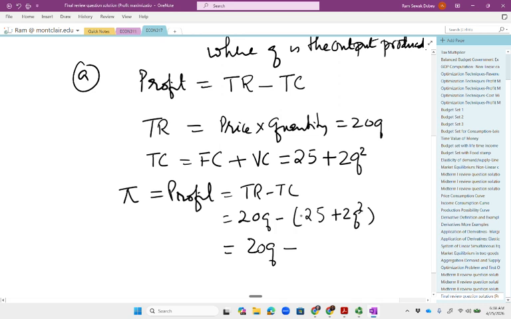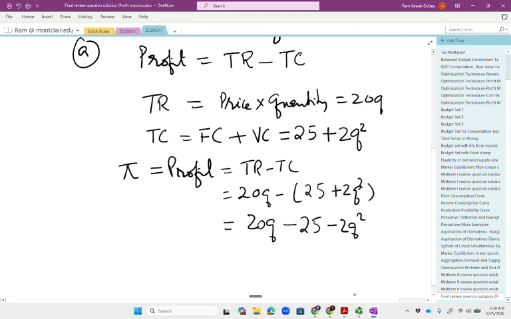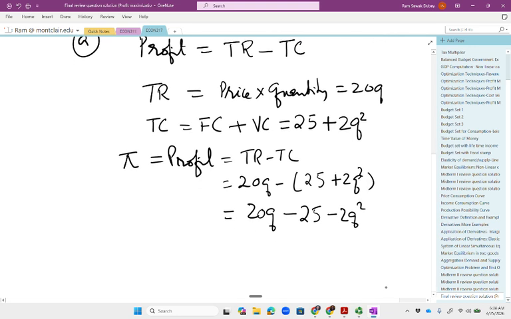There is no sign in front of 25, so it is a plus, and it becomes minus. And then I have plus 2q square, so it simplifies to minus 2q square. So this is the profit the firm will earn if it sells quantity Q.